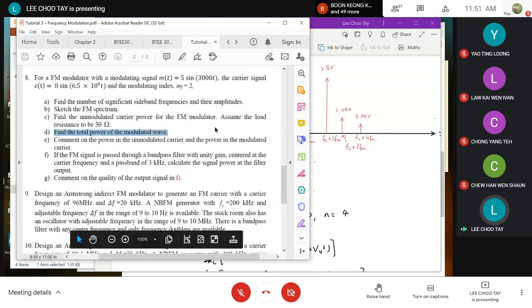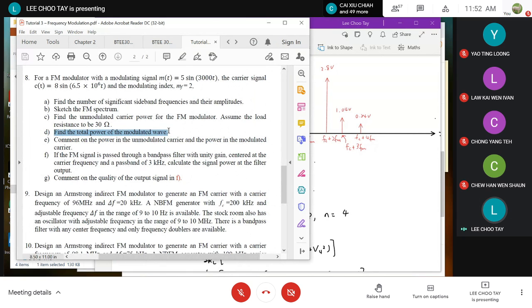In this question, since we have found the amplitude for all the frequency components, that means to find the total power of the modulated wave, we just need to add up the power of all the frequency components. How to compute the power of each? Again, it's the same, V square over 2.